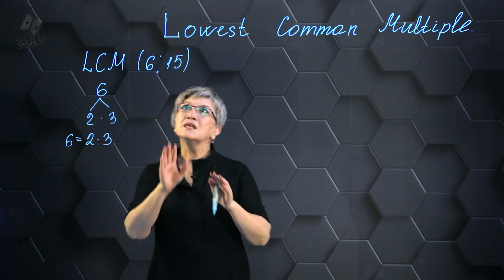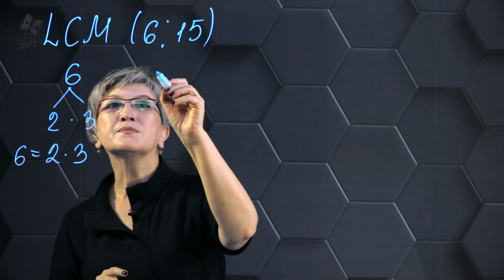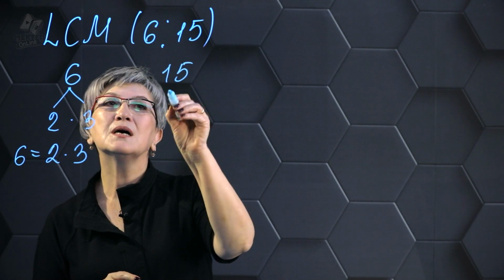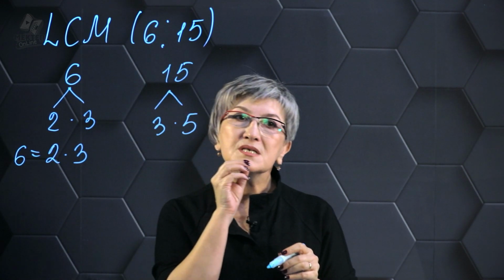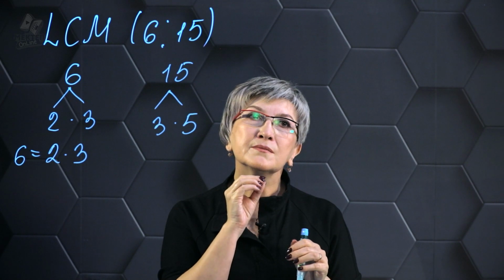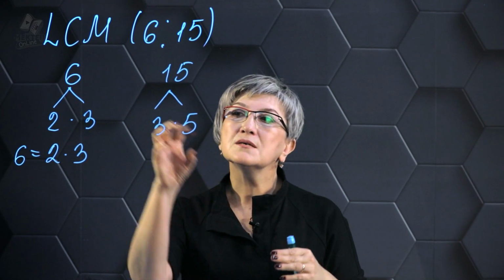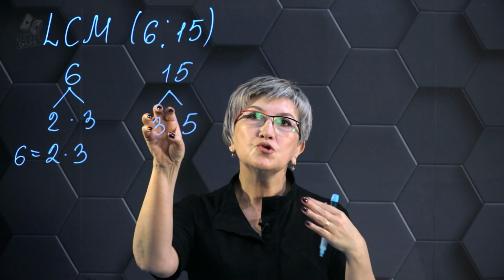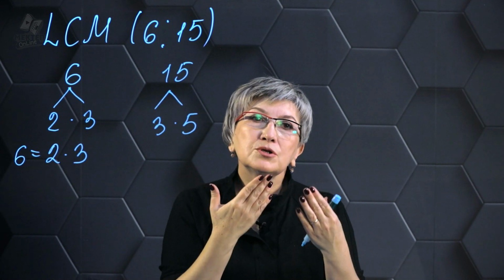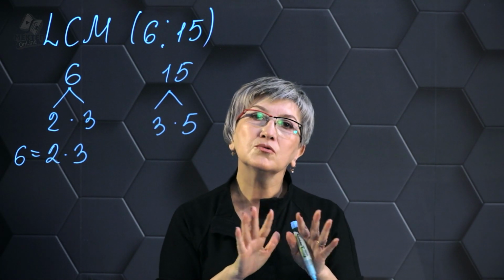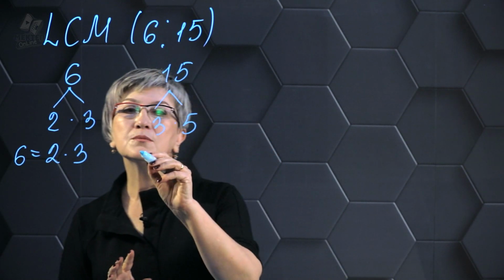Now let us proceed to the number 15. What is 15? It's 3 times 5. Do you think the number 3 can be broken into two factors? But 3 is a prime number, so I can't break it down any further. The 5 too.